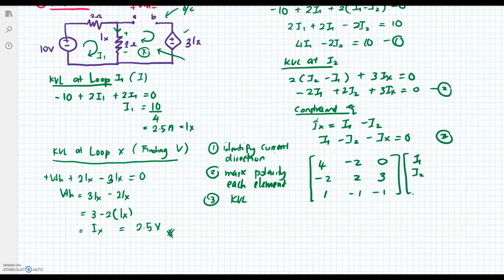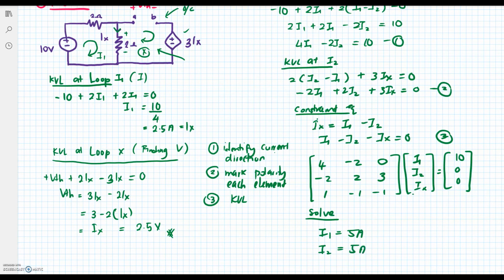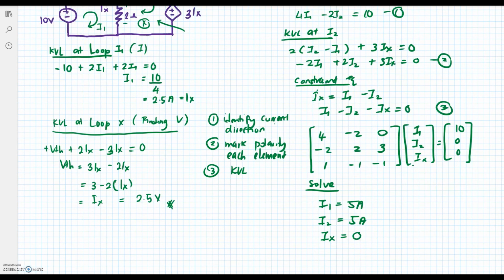So I1, I2, and then Ix equal to 10, 0, and 0. Okay. And then solve it using calculator. Therefore, I1 is 5 A, I2 is 5 A, Ix is 0. IN is equal to I2, so equal to 5 A.